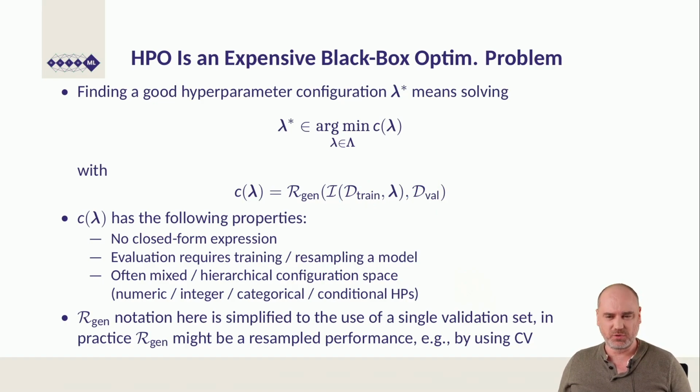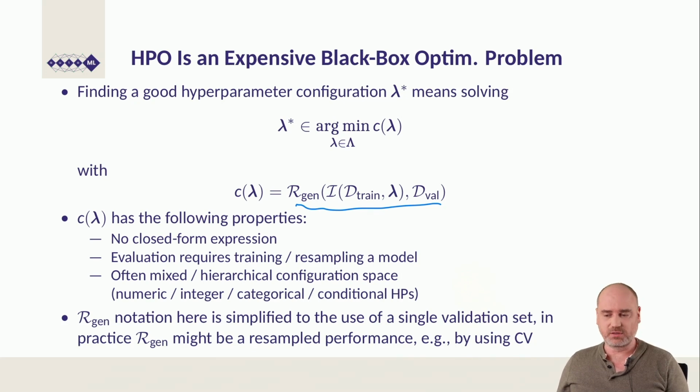For a simple training and validation step, in general, we might use a full cross-validation here to compute this C of lambda. And you should now be able to see that this quite obviously has no closed form expression usually. This is more like a computer program that we can run and evaluate. The evaluation is usually quite expensive because of this training and prediction step.